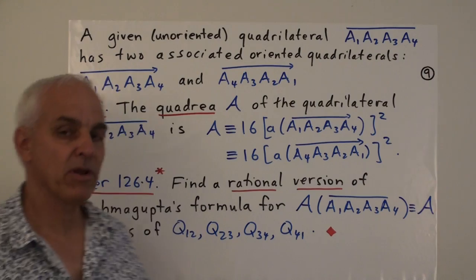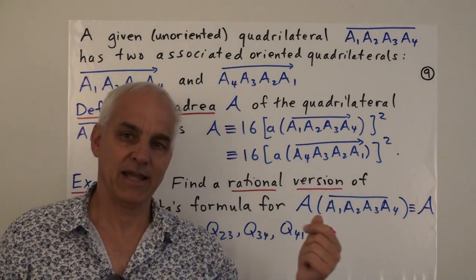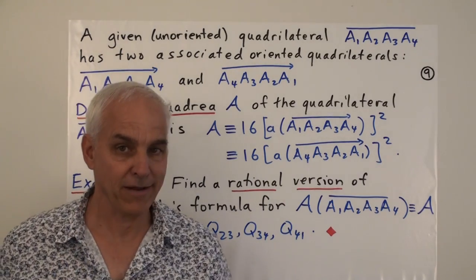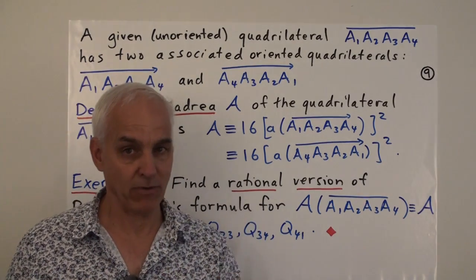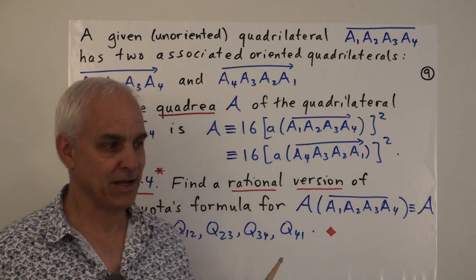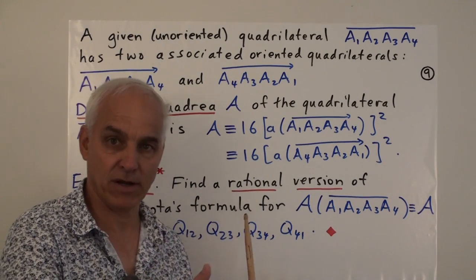Unfortunately, all of those formulas involve the edge lengths a, b, c, and d. And we know in the plane that edge lengths involve square roots. And by now, I hope you're comfortable with the idea that square roots are to be avoided.